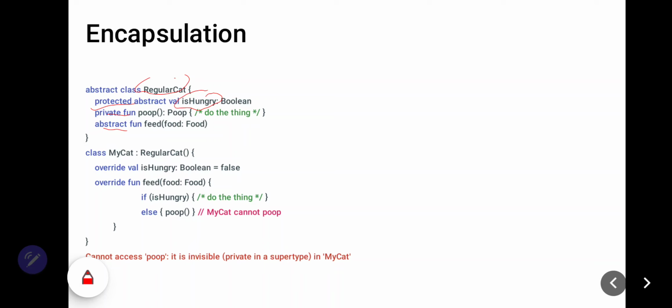This is an attribute. And the method poop() is a private method, and this method feed() is the abstract method. Okay, you can see on this board.